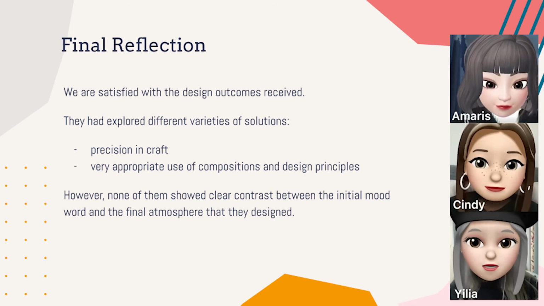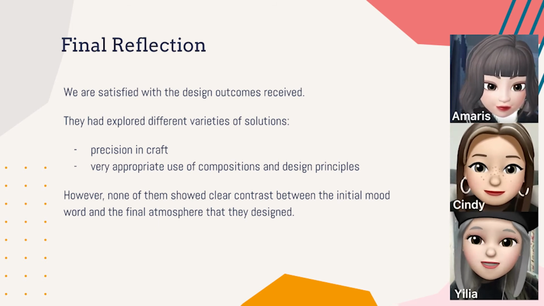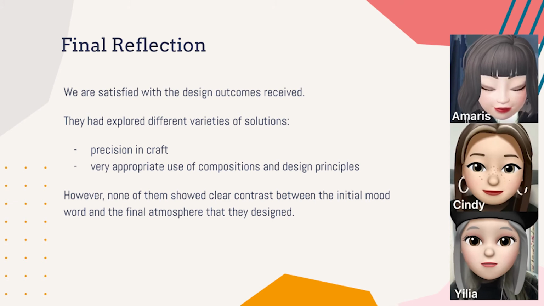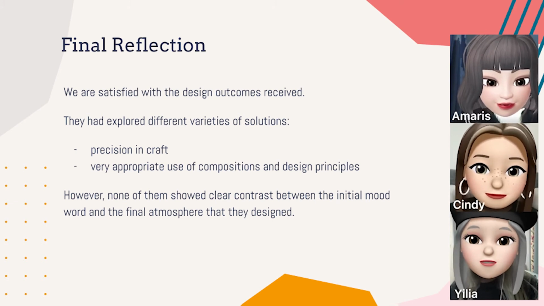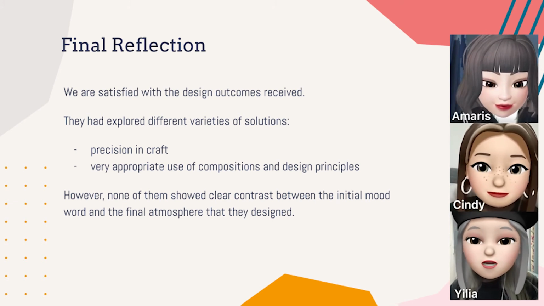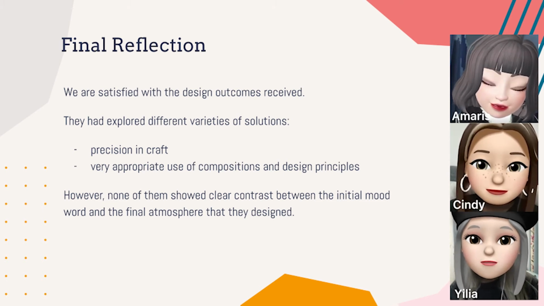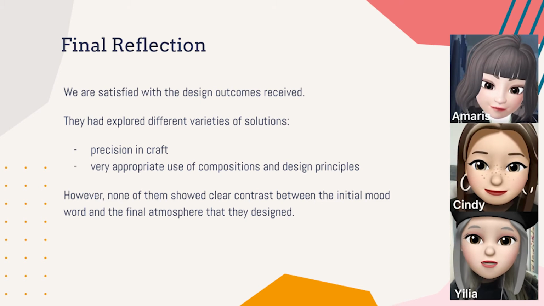As for the final reflection, we are genuinely satisfied with the design outcomes received. They had explored different varieties of solutions. However, our original purpose was to lead the implementers to reveal the change in their moods before and after playing the games.